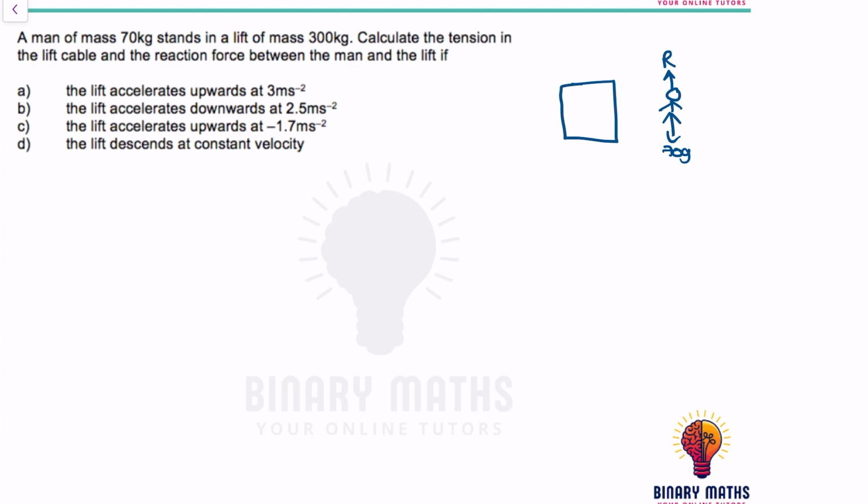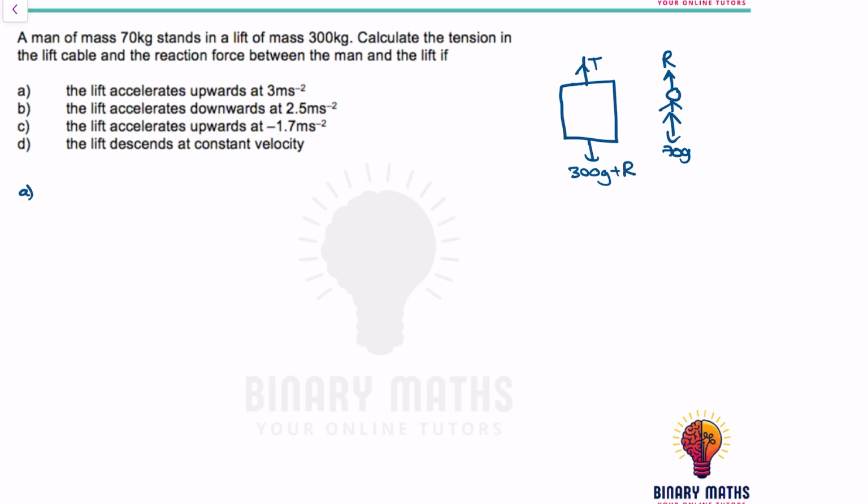The lift feels its own weight, which is 300g, plus the reaction force from the man, and then there's a tension in the cable. In these cases, we're trying to find the tension and the reaction force, so we have to find both T and R.